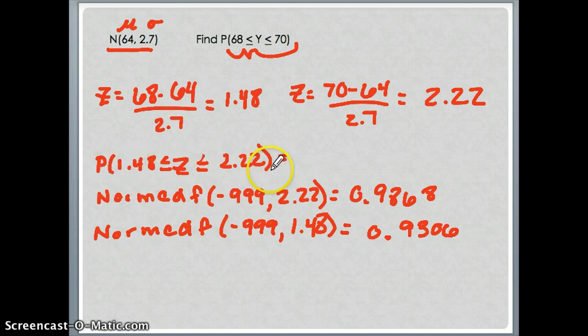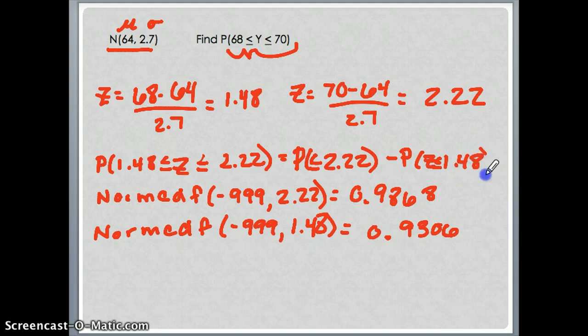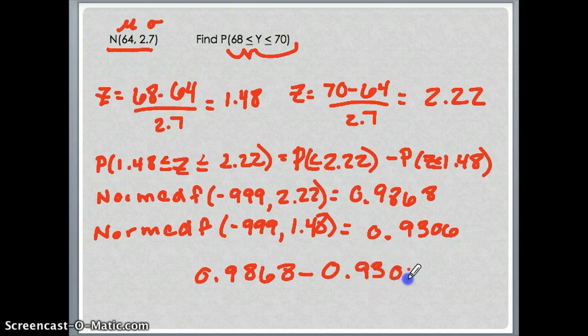And so now for this, what we're going to have to do is subtract the z-scores less than 2.22 minus the z-scores less than 1.48. So I have to do 0.9868 minus 0.9306.